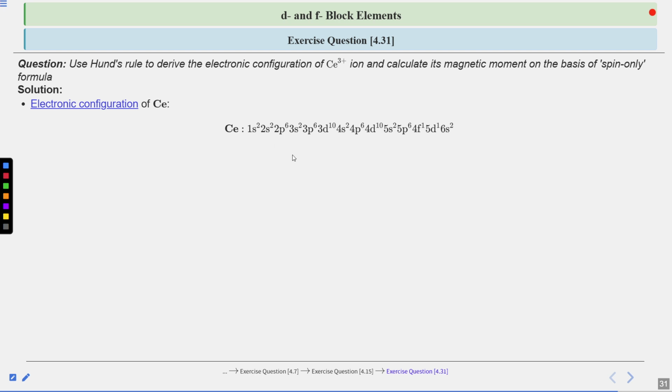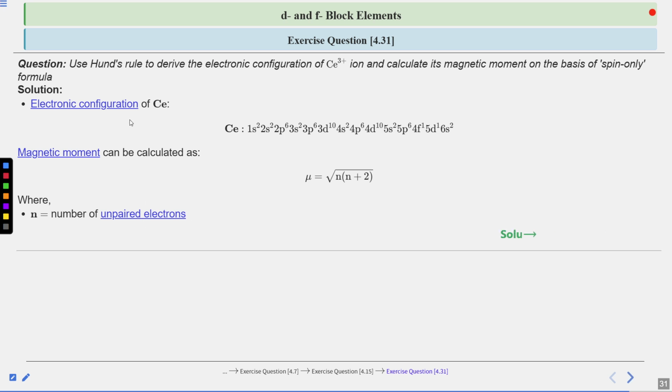Now, the magnetic moment can be calculated as mu equals under root n into n plus 2, where n is representing the number of unpaired electrons.